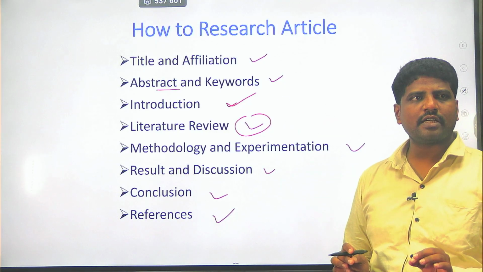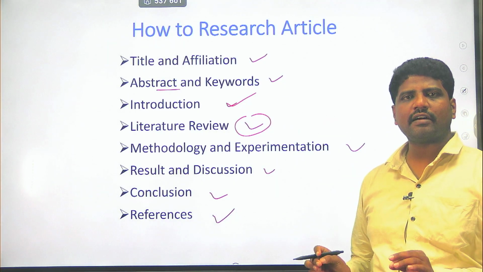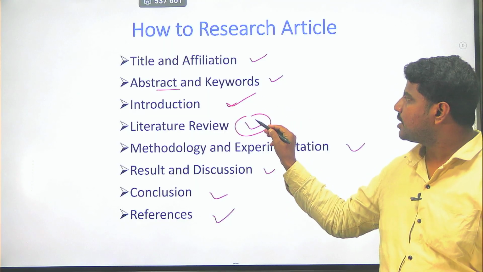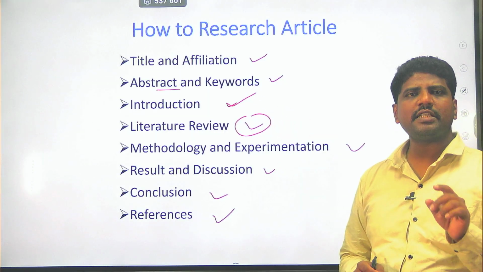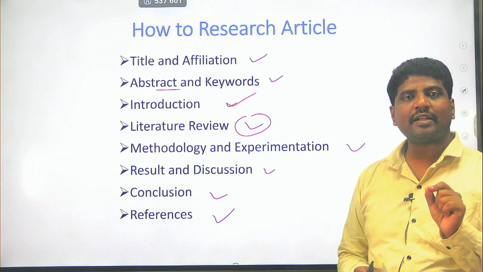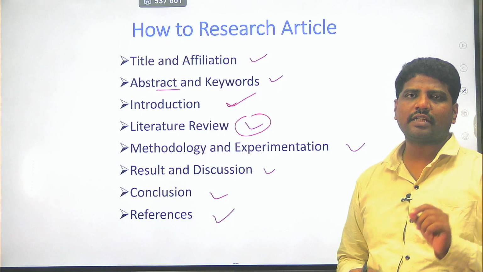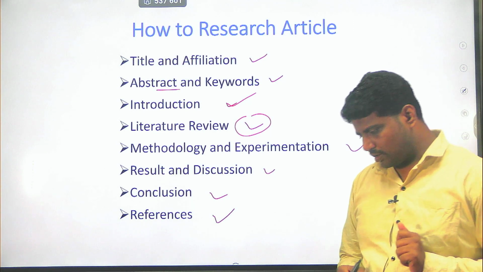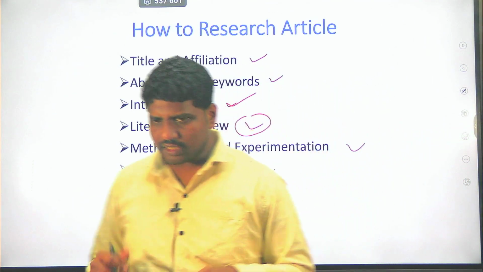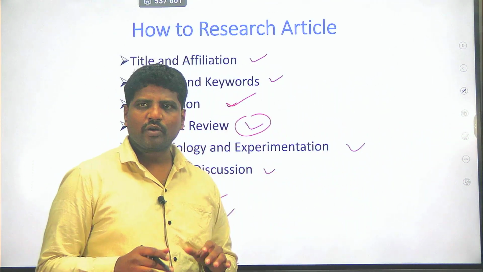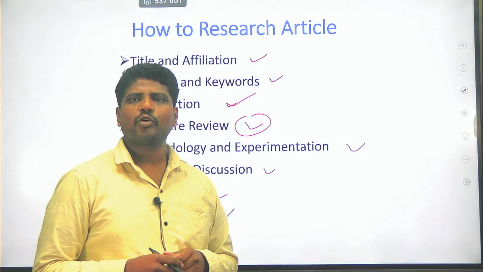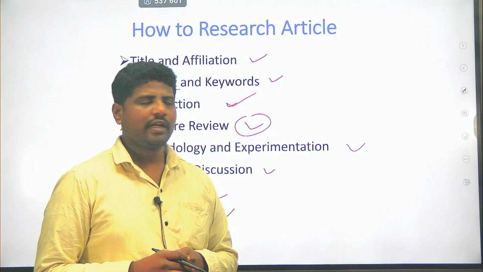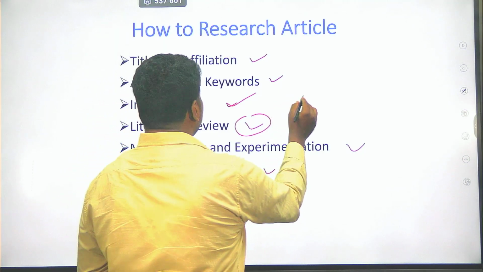Let us see. So this is exactly the title. Second thing is the affiliation. Third thing is the abstract, and next thing is the keywords. Next part is the introduction. It is very important. In the introduction, it should be full of the literature review.